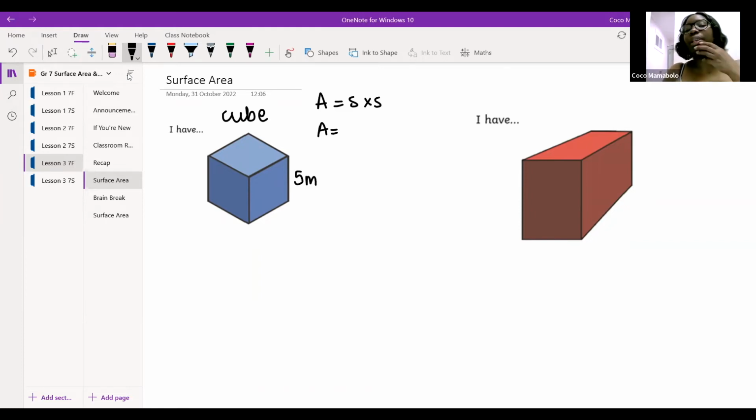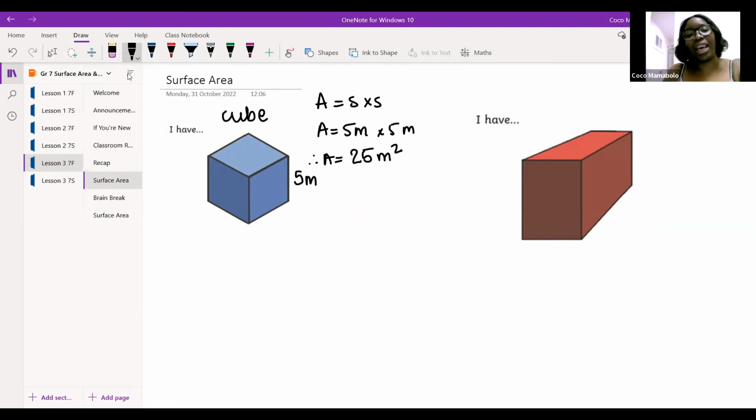We're not using 3 centimeters anymore. You're going to have to have a look at the screen. Oh, ma'am, it equals 5 times 5. Excellent. 5 meters times 5 meters. And what is my answer going to be? Therefore, my area is equal to? 25 meters squared. Good.